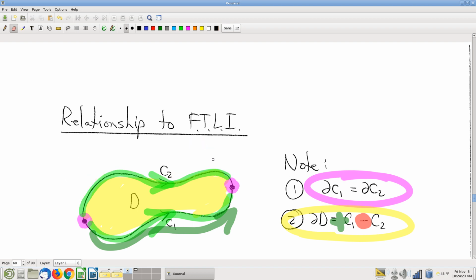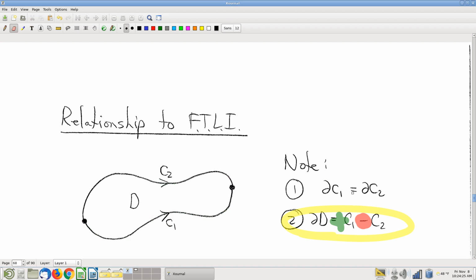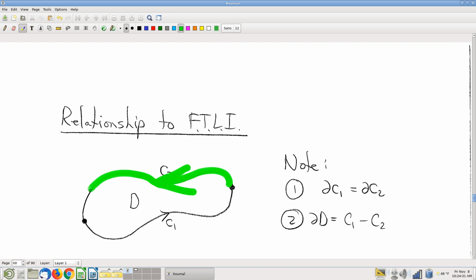Some people would like to fix this by orienting C2 the other direction. Let's do it that way. Now this is a plus, just like that is a plus. And isn't that nice? Well, the problem, of course, is that now we would have a minus here. The boundary of C1 and the boundary of C2 are no longer the same.